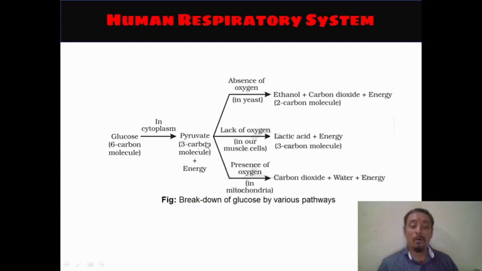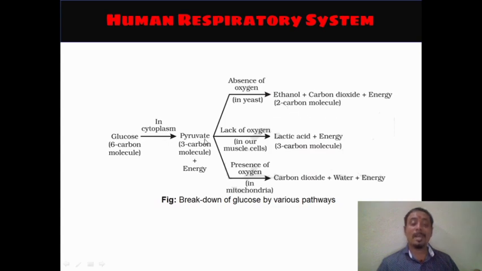When the pyruvate forms, it goes into different pathways in different organisms. How? In the absence of oxygen inside yeast cells, this pyruvate forms ethanol plus carbon dioxide plus energy. Ethanol is a 2-carbon molecule.